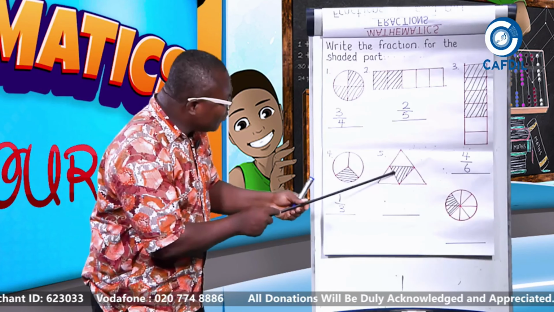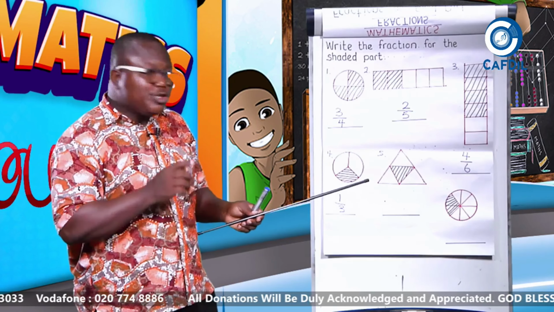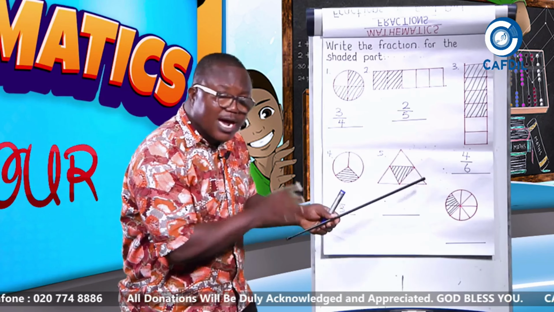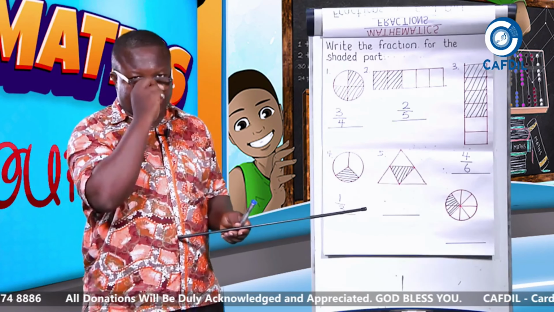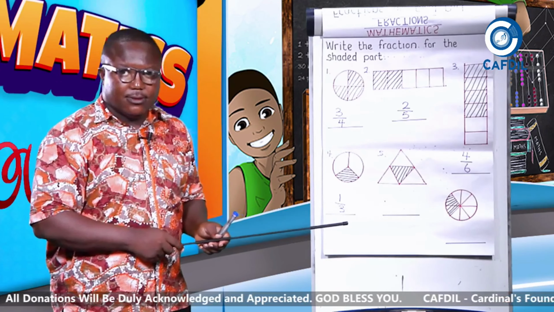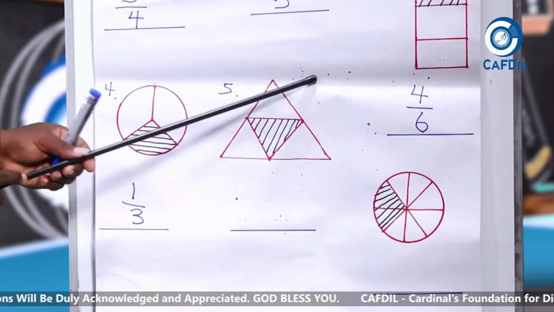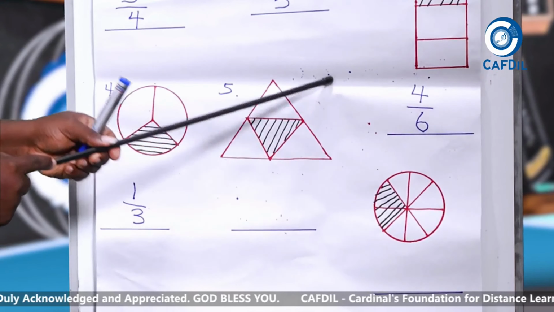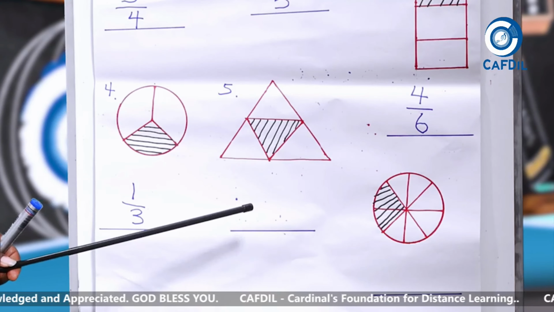So when you take this triangle, it has been divided into how many equal parts? Let's look at it.